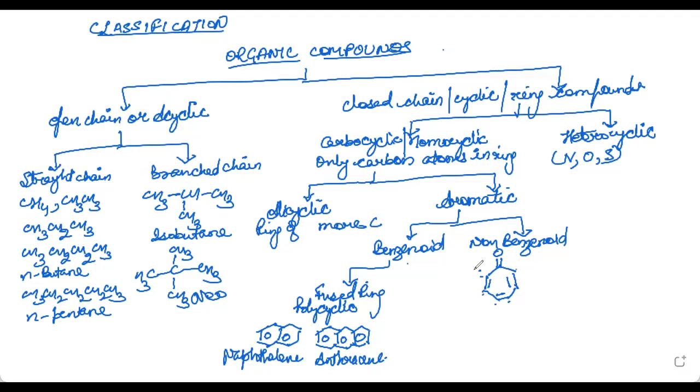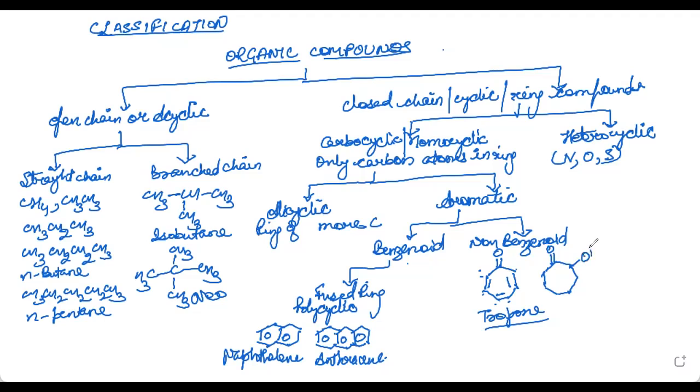So the name of this compound is tropone. Tropolone is different, when there is an OH group also attached. So this is tropone. Now, if there is an OH group attached to the ring, so there should be 7 members.